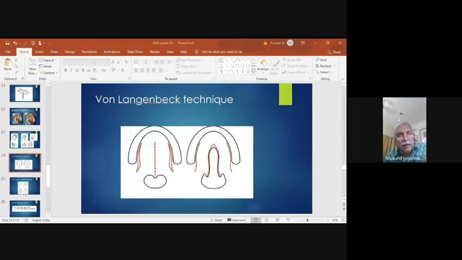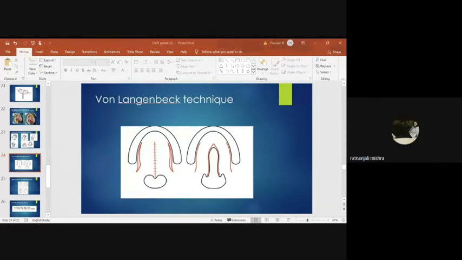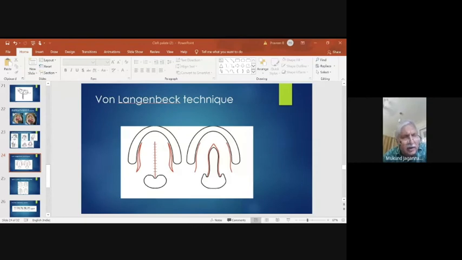But before you visualize the space of Ernst, there is something you have to do. What? I'm not sure, sir. You have to cut the tensor palati, because the tensor palati is occupying that space, sitting over the nasal mucosa. You must divide the tensor palati completely along the posterior edge of the hard palate.